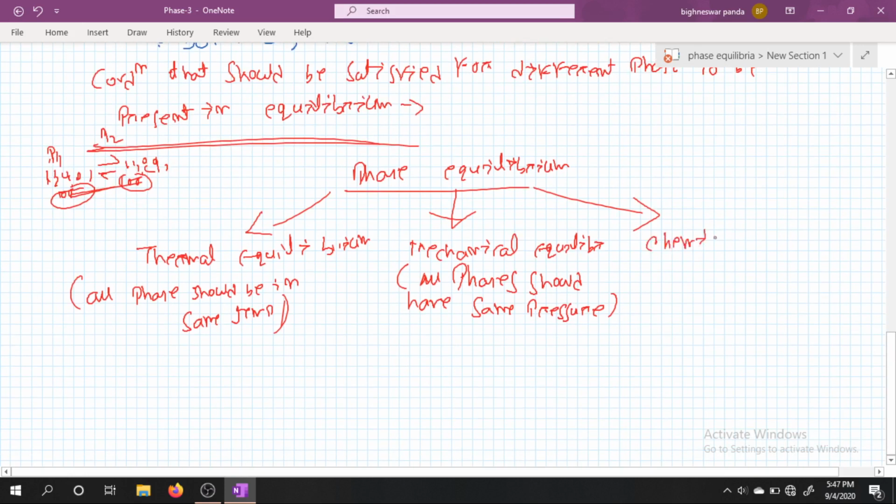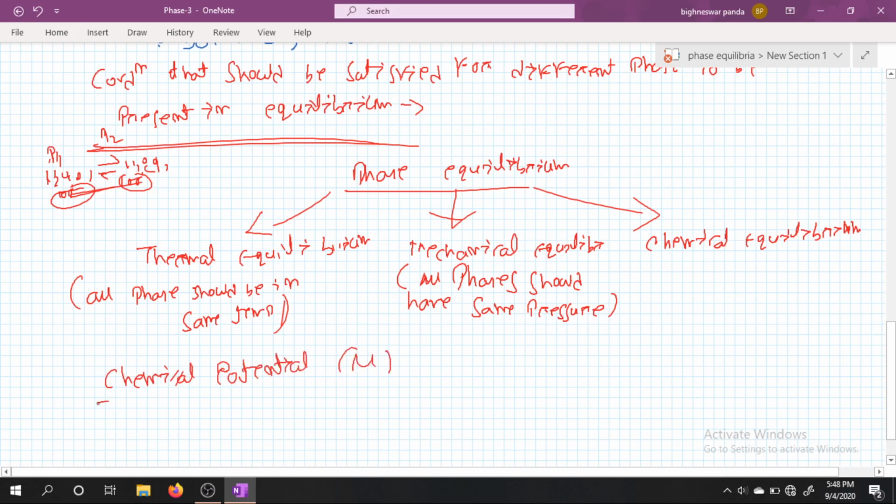Another is chemical equilibrium. Chemical equilibrium means we need to know chemical potential, denoted by mu.